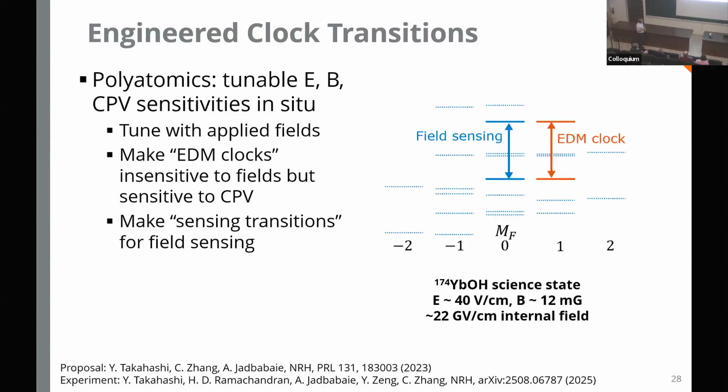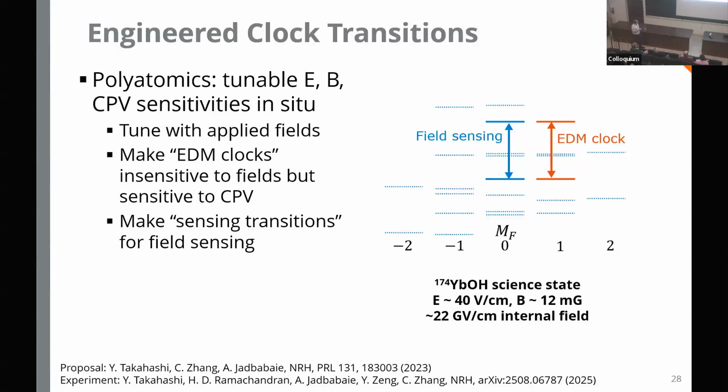So this is an example of some of these state transitions that we characterized in a recent experimental paper in YbOH, in some moderate electric and magnetic field values, but a large enough electric field so that we polarize the molecule and realize large EDM sensitivity.